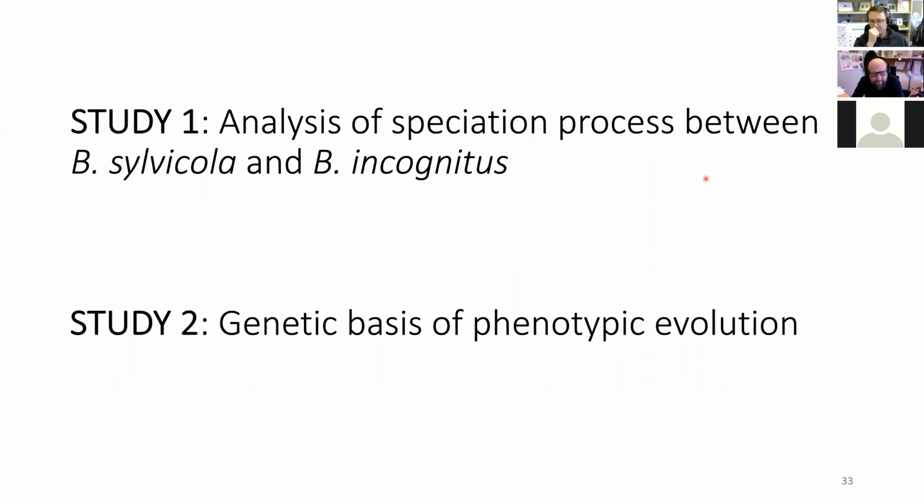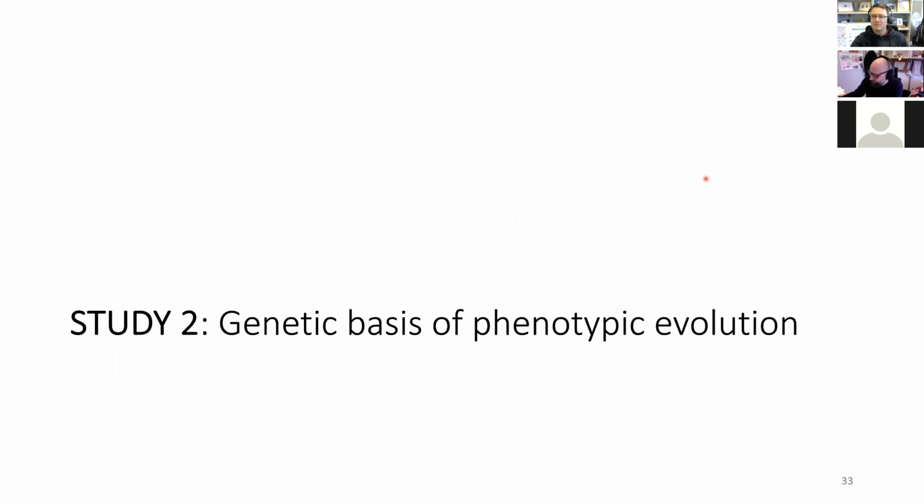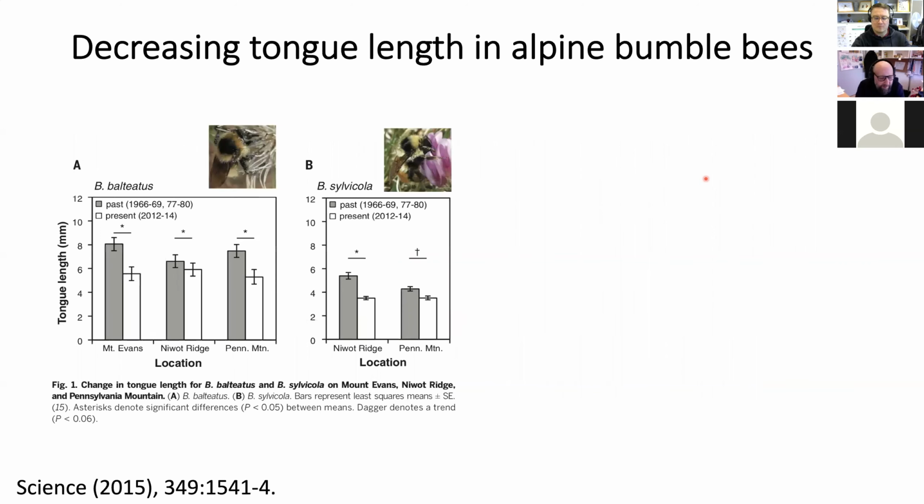And in the time that's left, I'll just briefly go over what we've learned about the genetic basis of phenotypic evolution of these species. As I mentioned before, the impetus that got me interested in this population was this decreasing tongue length, which seems to be an important process going on that can be important for biodiversity.